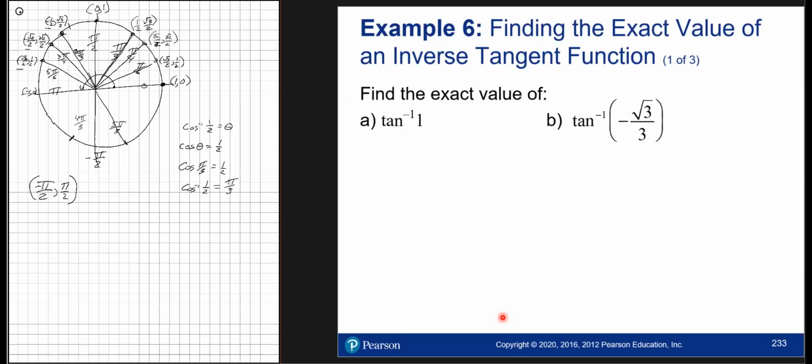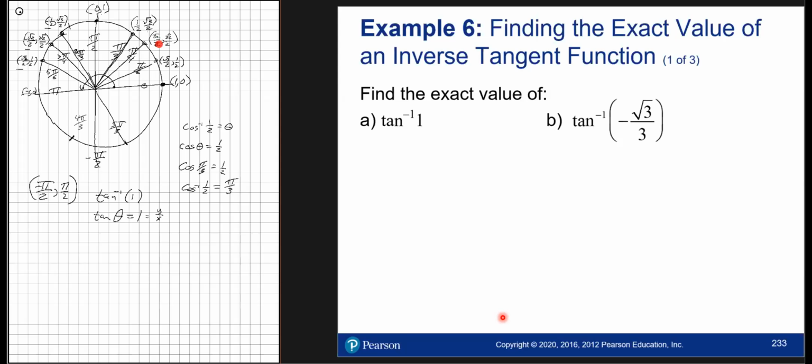So they're asking for tangent inverse of 1. In other words, the tangent of what angle equals 1. Since tangent is y over x, that's telling me that y and x have to be the same. So what angle is x and y the same value with the same sign?